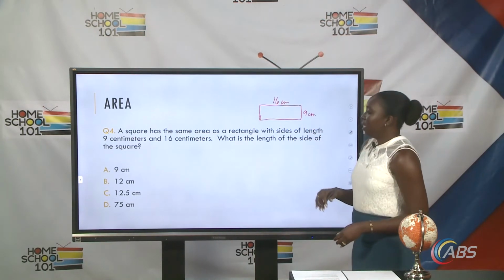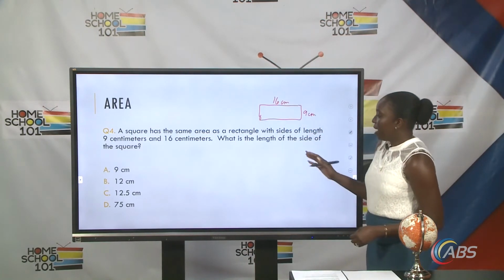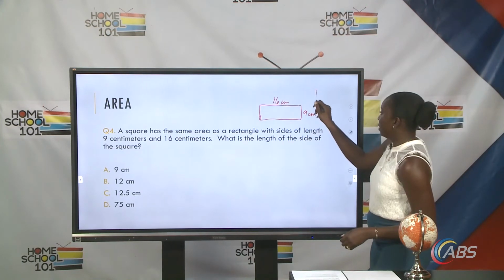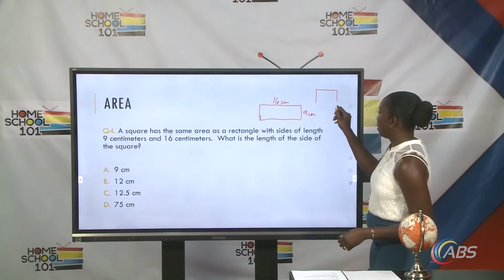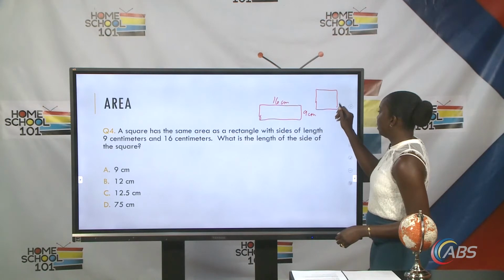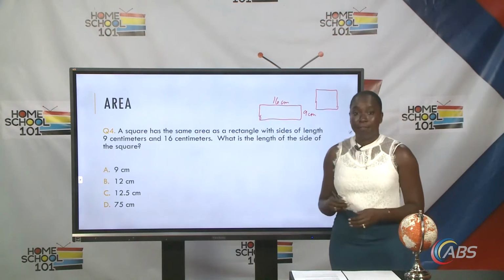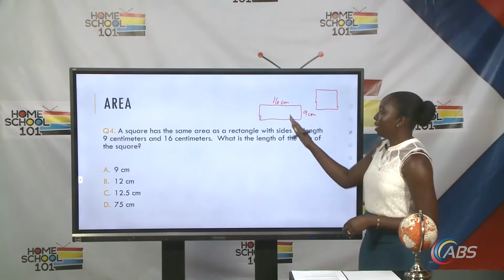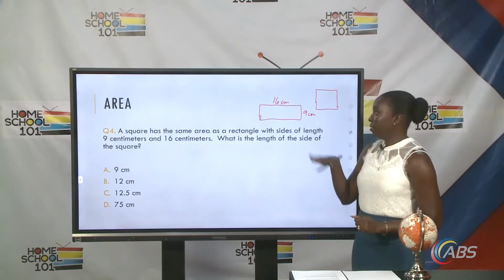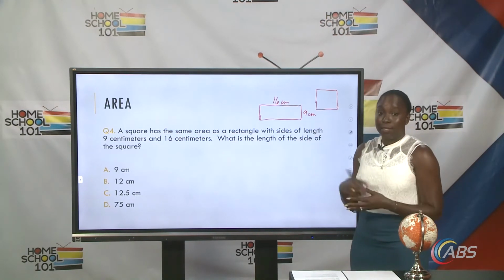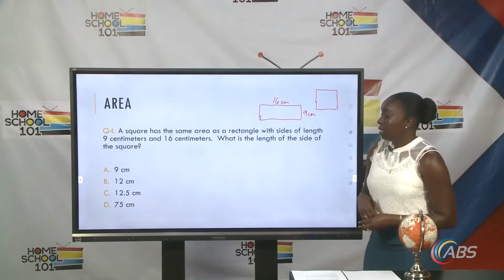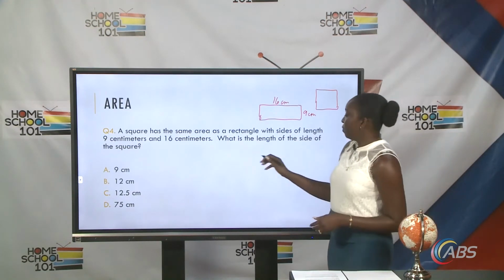Now, they're saying that we have a square that has the same area, but we don't know the sides. So the first thing we're going to have to do is find out what the area of the rectangle is in order to find out the sides of the square. So the area of a rectangle is length times width.